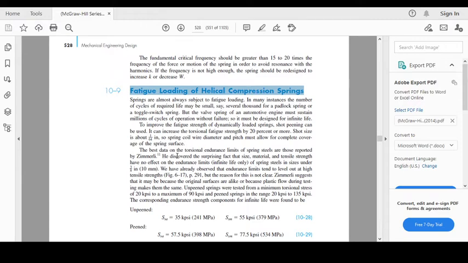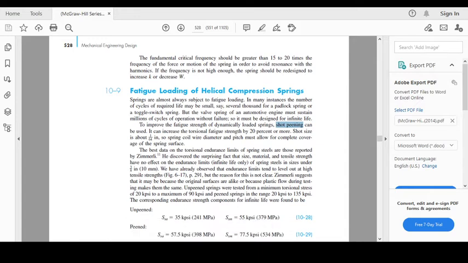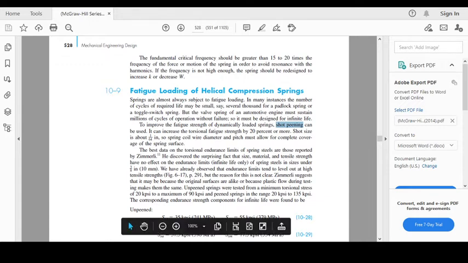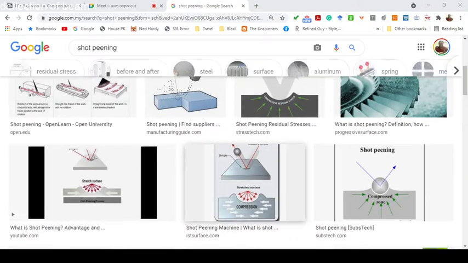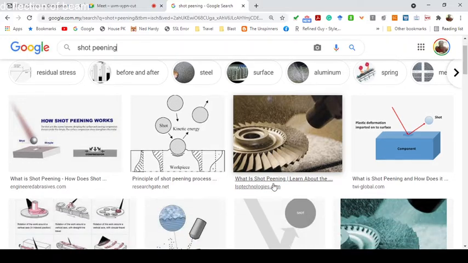What is shot peening? I think you have heard it before in the manufacturing process subject in year one. Just to recall what we have learned in first year about manufacturing process, this is called shot peening.